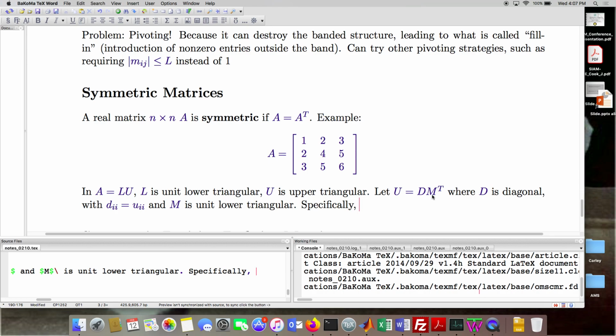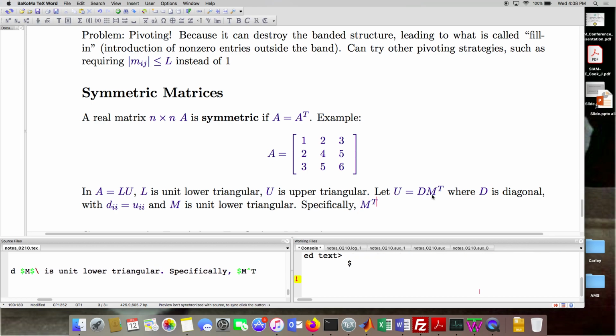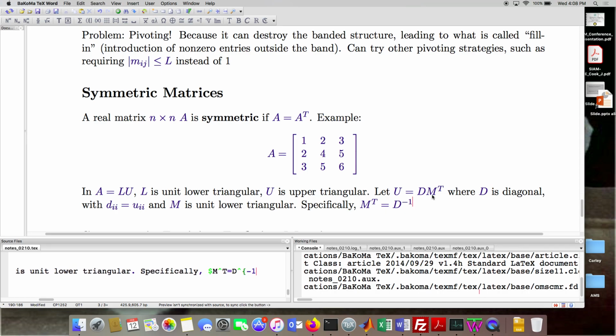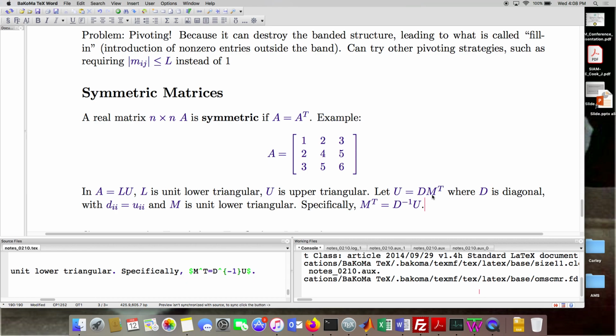How would I get M transpose? That's just equal to D inverse U. I make D from the diagonal of U and multiply U by D inverse. That will make the diagonal entries 1, so it's unit. This is already upper triangular, so M will be unit lower triangular.